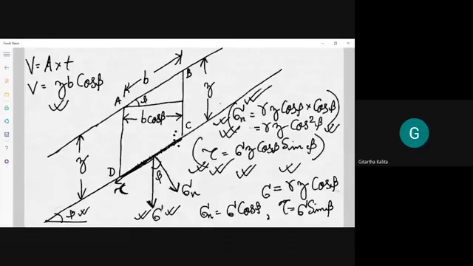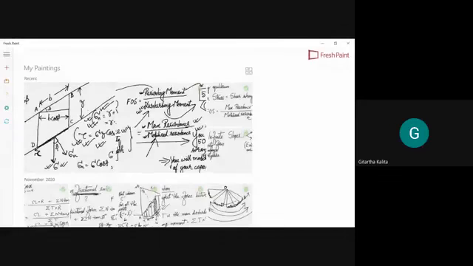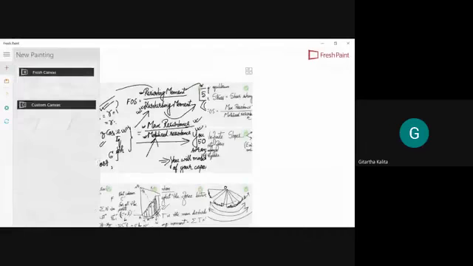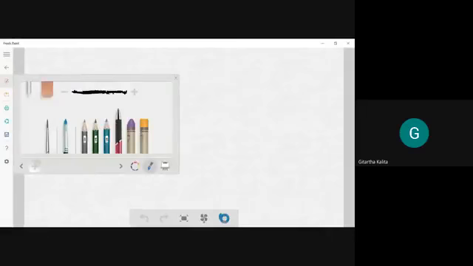So I will take a new screen. I'll write it a bit properly. Sigma in the normal direction is normally gamma z cos beta.